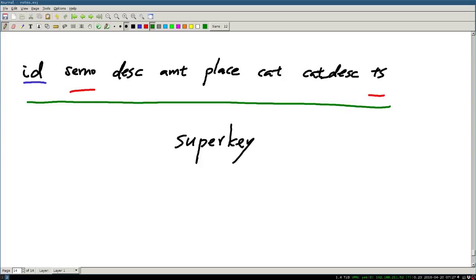Or all the attributes form a super key of this table. The fourth example is the attributes that do not contain the category and category description. So all the four kinds of combinations are proper as super keys.